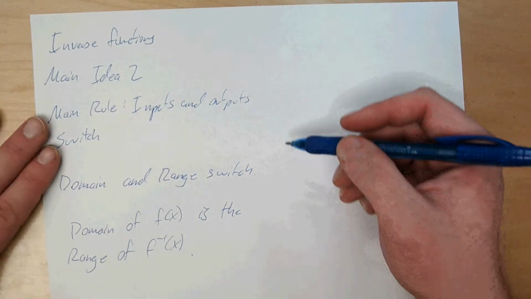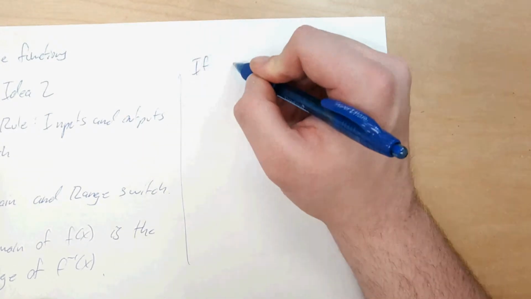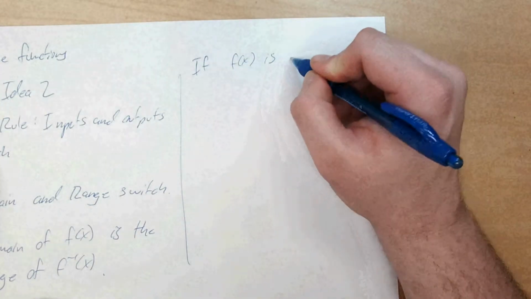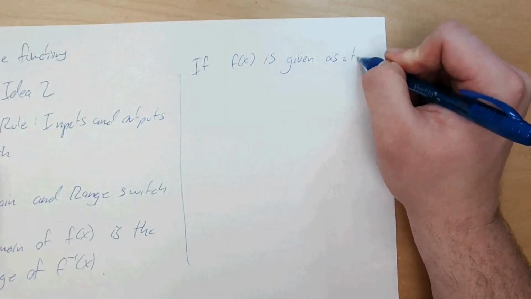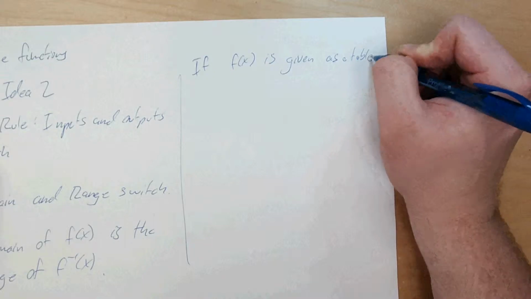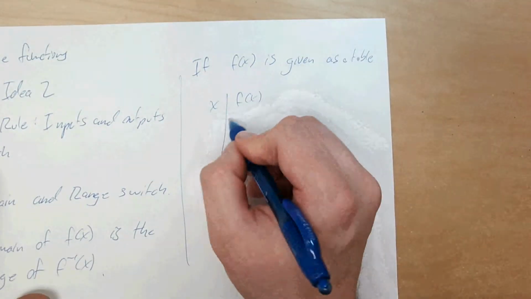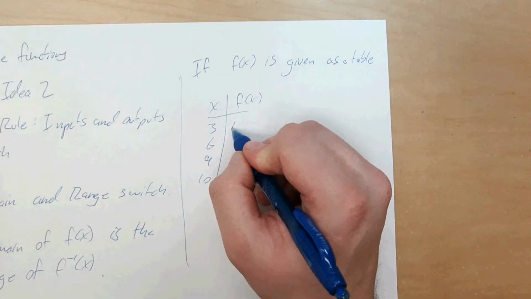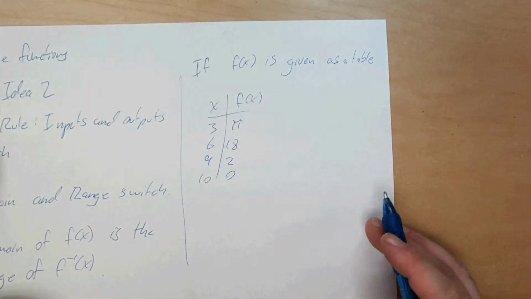Let's think about another consequence of this: if f of x is given as a table, let's just draw a really quick one here. f of x: 3, 6, 9, 10 for inputs, and pi, 18, 2, 0 for outputs.